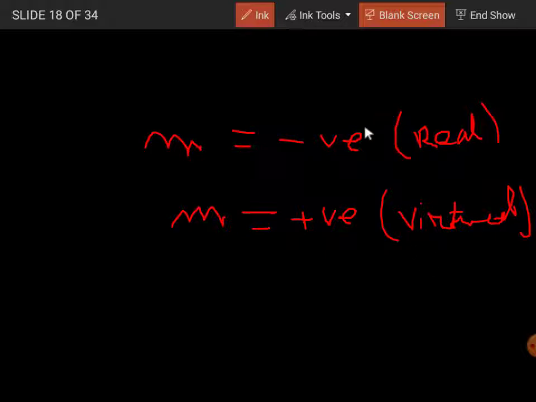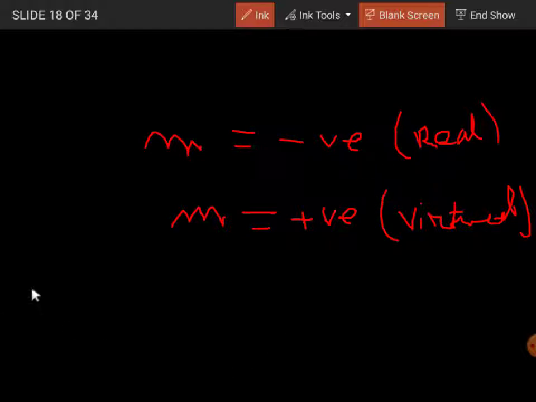Now what about the numerical value? Suppose magnification is coming out to be -1, -0.5, -3 like that. The minus is for the sign, which I have already told you. For the numerical value, let's see again.